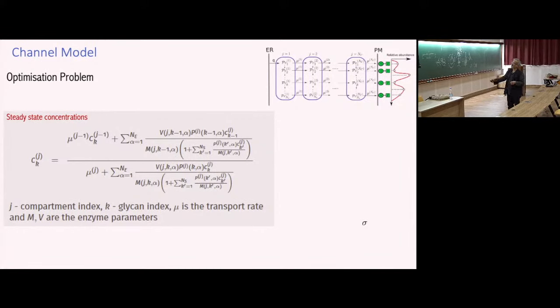Just to remind you that J here is the compartment or cisternal index. K is the glycan index, the reaction index. Mu is the transport rate, and M and V are enzyme parameters, because they involve the rates, and they're involved in the Michaelis-Menten kinetics.